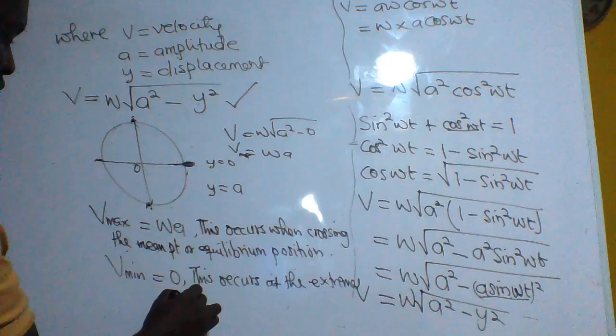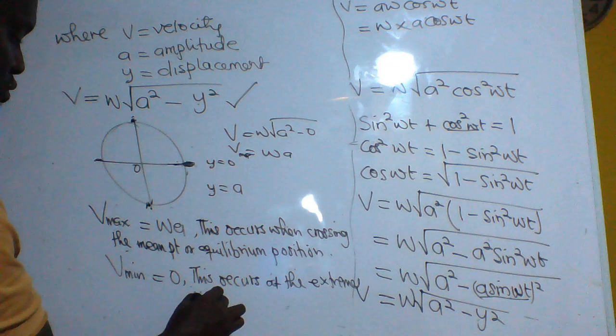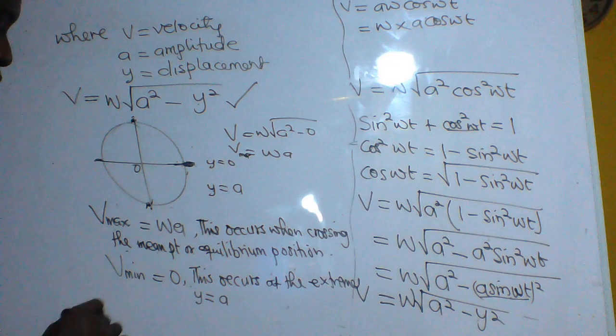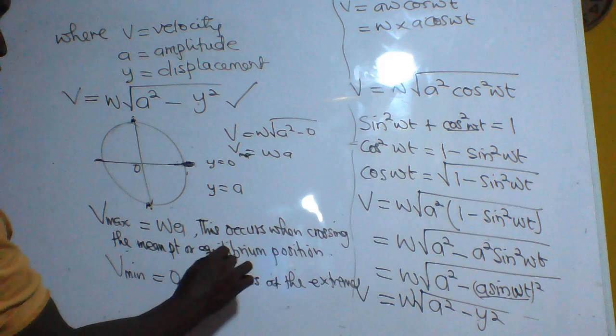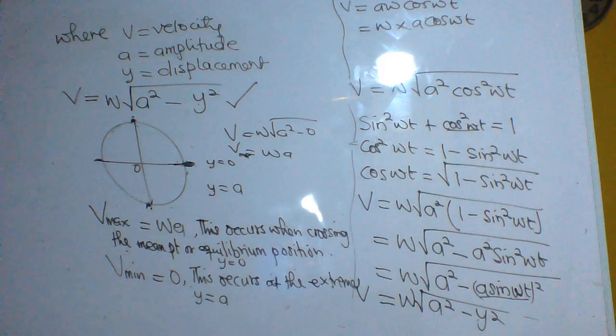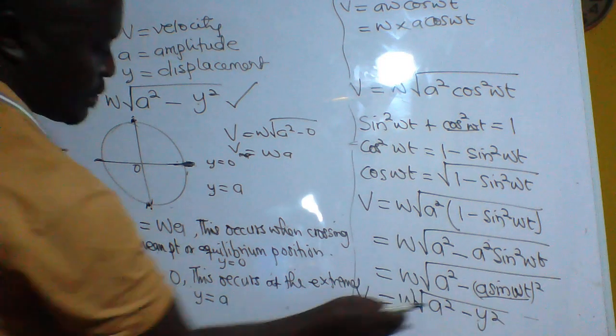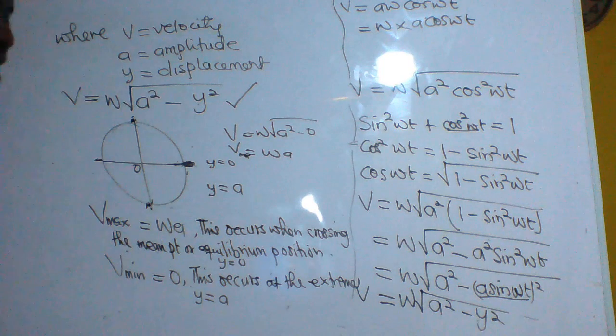At the extremes, y, the displacement, is equal to the amplitude. Here, when crossing, y is equal to 0. And so if y is equal to a, then when you substitute it here, you have whatever we have under the bracket being equal to 0. And so you have the minimum velocity occurring there.